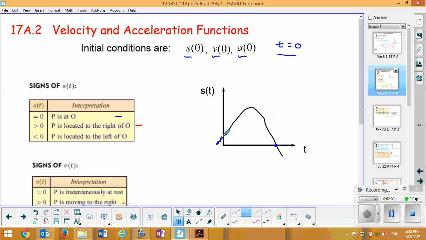So the point started to the right of the origin, and these are all positive values. If they're negative, that means they're to the left. So at this point, the point travelled in a positive direction, turned around, came back through the origin, and now went into the negative region down here.